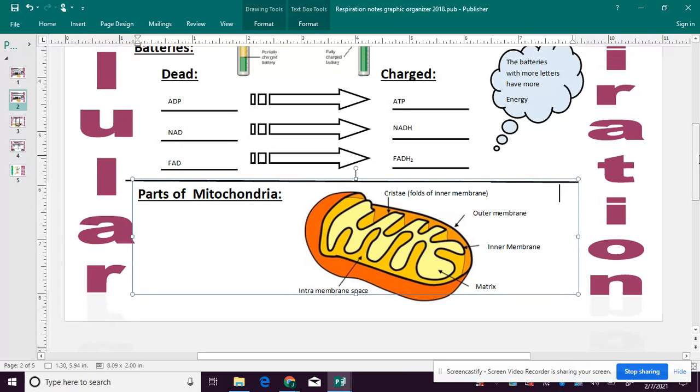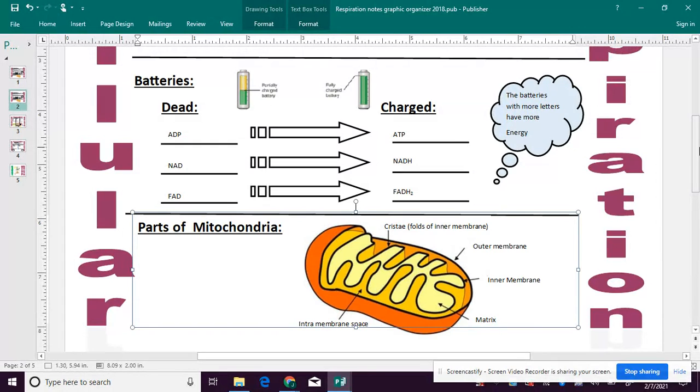The last part of cellular respiration that we have to talk about for today is the parts of a mitochondria. Since most of this process occurs in the mitochondria, actually not all of it, but most of it, and the mitochondria is the powerhouse of the cell, we have to look specifically at the parts of the mitochondria.